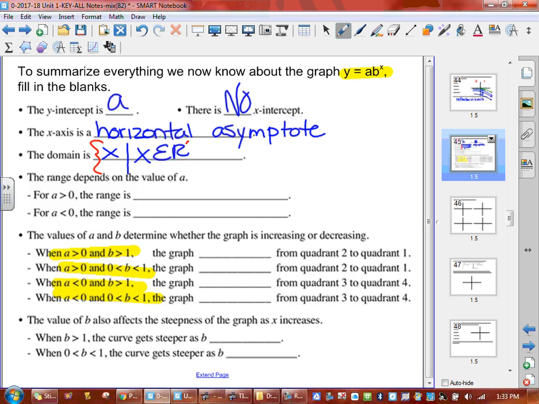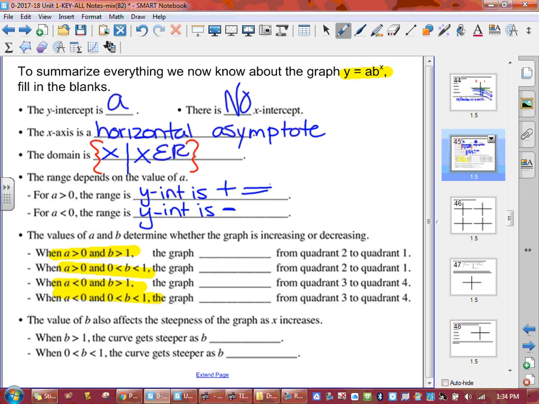The range depends on your A value. Absolutely it does. So if A is greater than 0, that means your y-intercept is positive. And the negative one below it is if the y-intercept is negative. Okay, so then what happens?